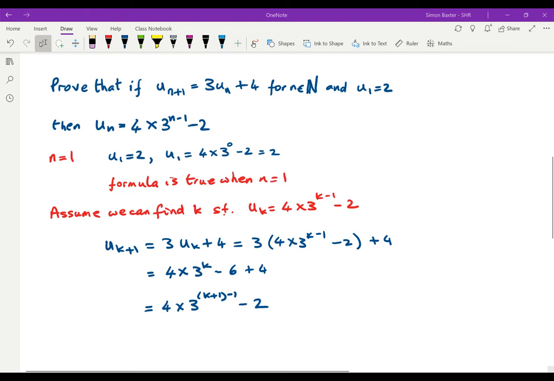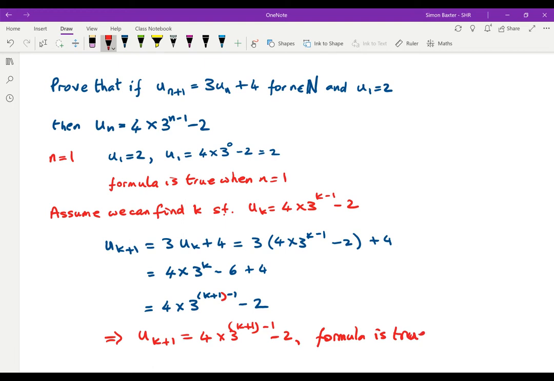This is just my formula, 4 times 3 to the n minus 1 minus 2 when n is k plus 1. So I have now shown that my formula is true when n is k plus 1. In other words, we've shown that uk plus 1 is equal to 4 times 3 to the k plus 1 minus 1 minus 2. In other words, the formula is true for n equals k plus 1.